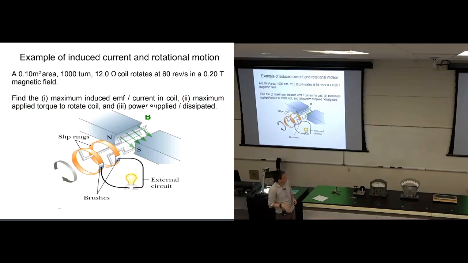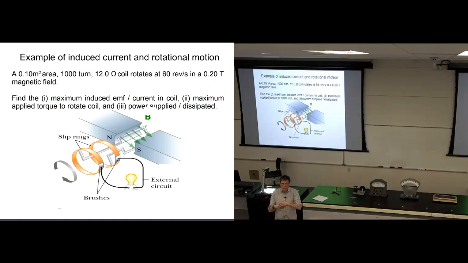Second part of the question says, what applied torque? You know, I turn the coil in the demonstration with a little torque. What applied torque do you need to keep the loop of wire turning with constant angular velocity? You might think, why do I even need a torque? Like before we thought, why do I even need a force?